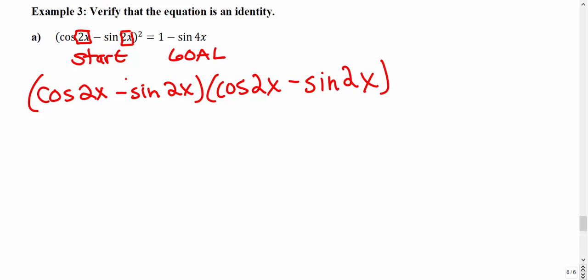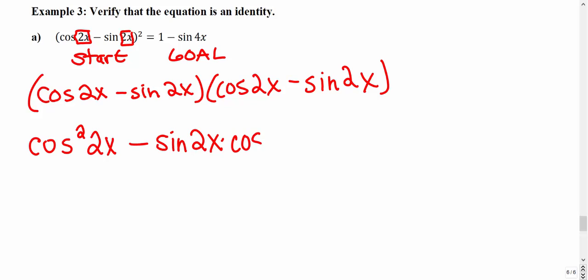First times the first. Since the angles are exactly the same and it's the same trig function, it's going to be cosine squared of that same angle 2x. Outer times the outer, we get negative sine of 2x times cosine of 2x.